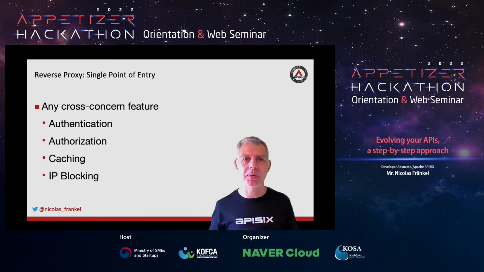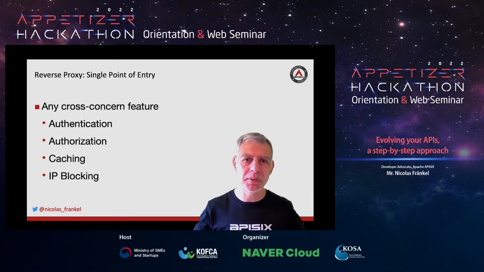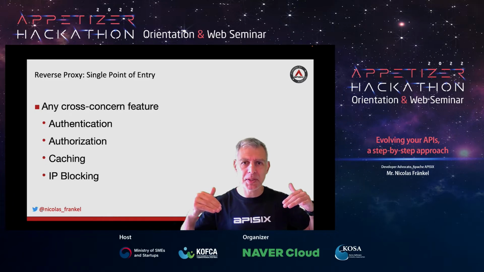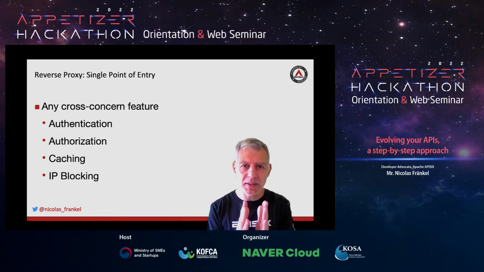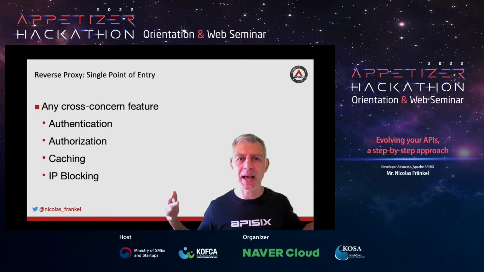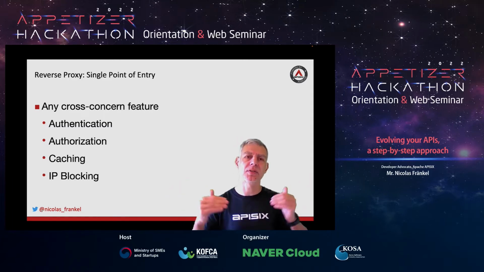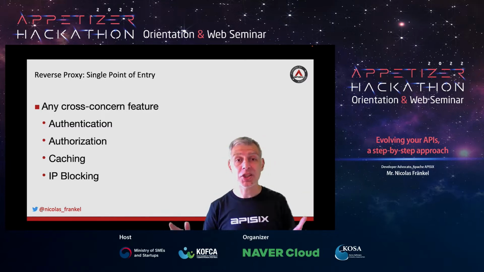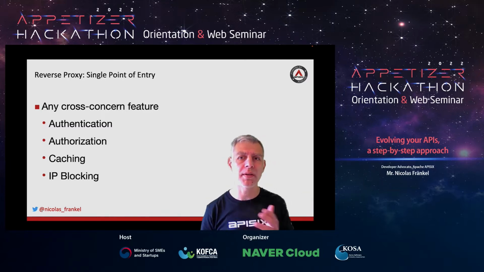You can remove that part. It has become a reverse proxy. And with this single entry point, because now you only need to go through this point to enter the information system, then you can add more cross-cutting features such as authentication, authorization, caching, IP blocking, whatever you want.